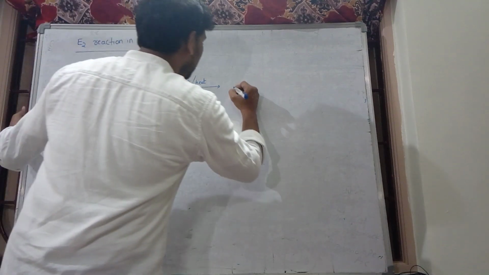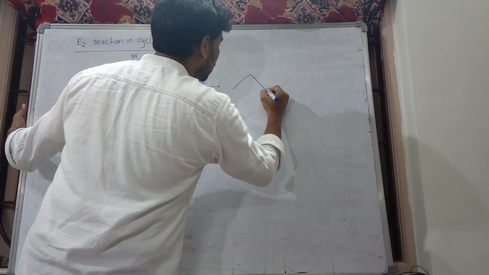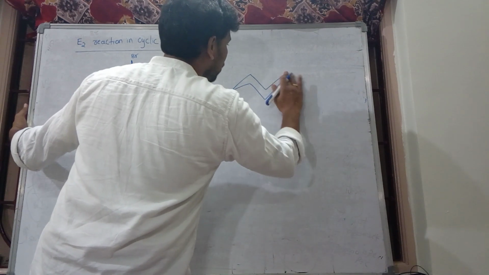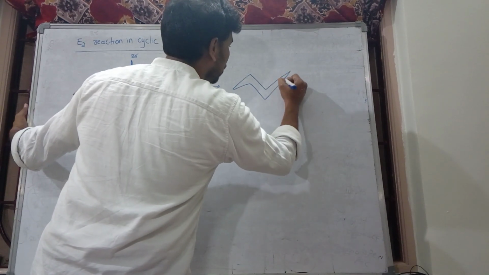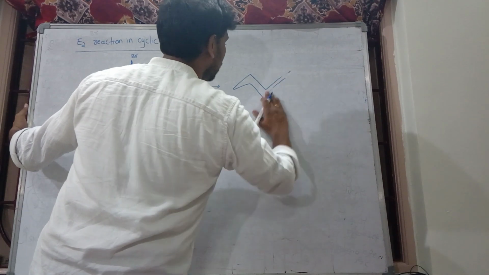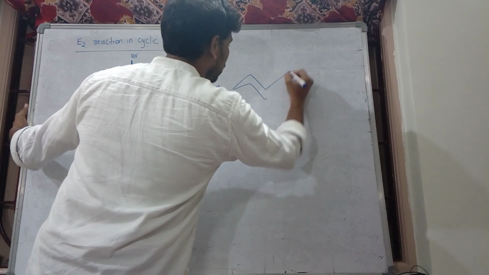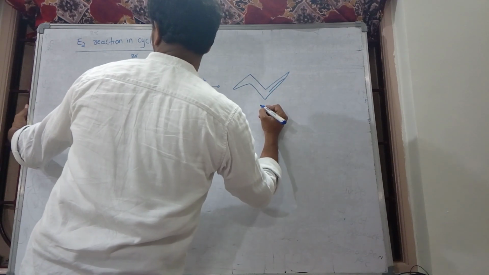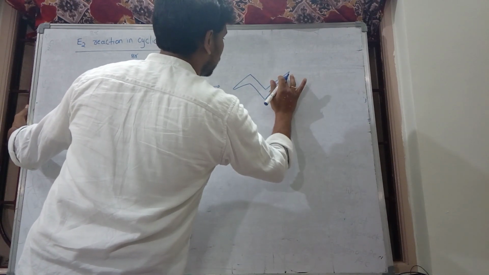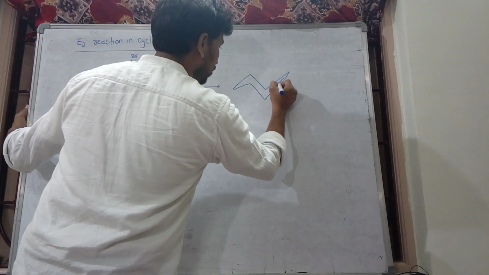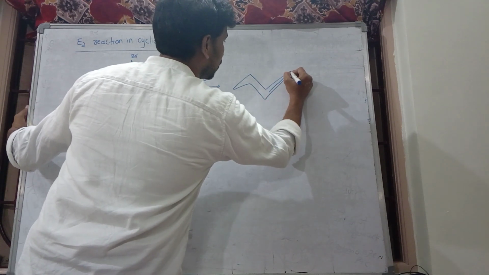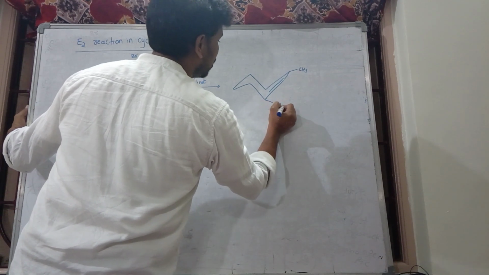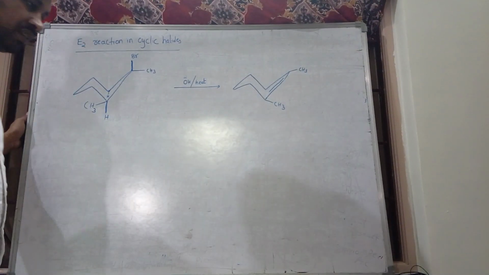Then what is the product? The product is CH3, CH3. Alkene is the product.